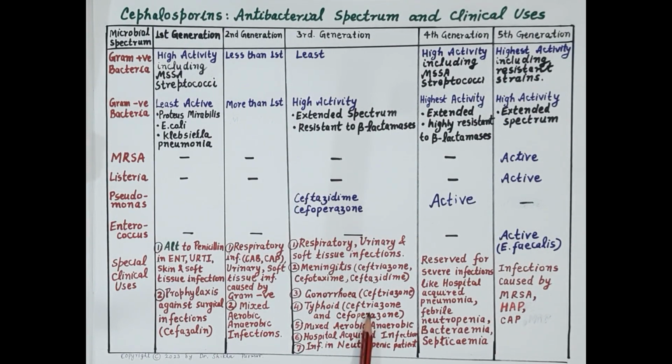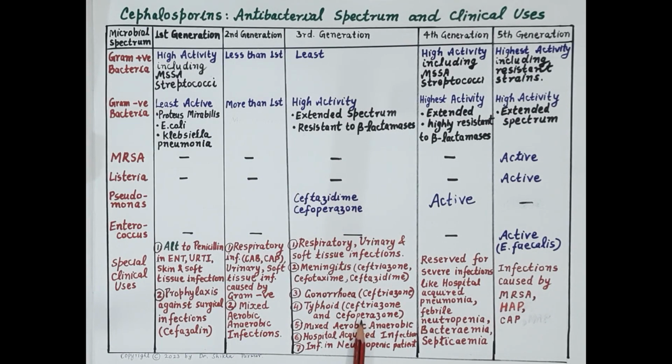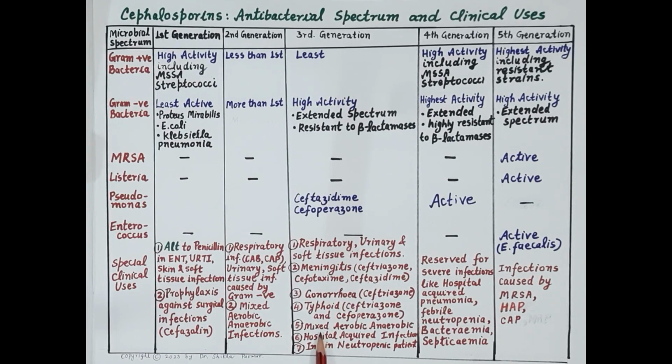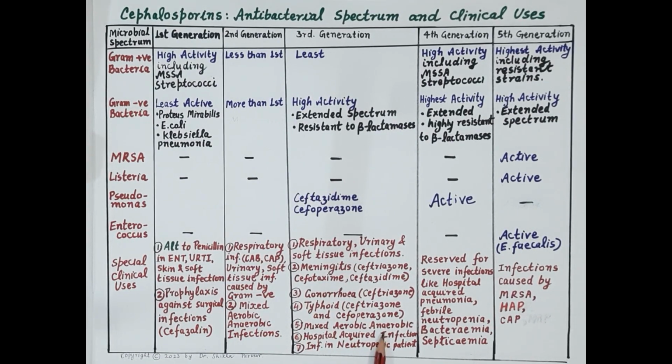Then ceftriaxone and cefoperazone, these are preferred for the treatment of typhoid fever. Now as these drugs are effective against anaerobes, these are also used in the treatment of mixed aerobic anaerobic infections. Now, they can also be used for hospital-acquired infections, especially respiratory and other infections in the intensive care unit.